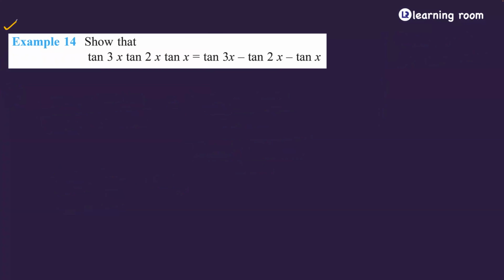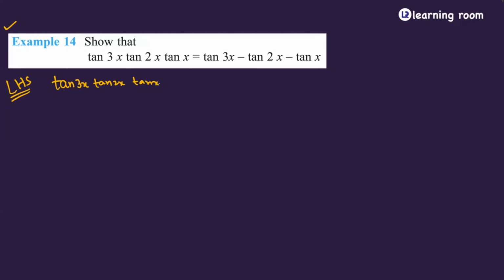Example 14. Show that tan 3x into tan 2x into tan x is equal to tan 3x minus tan 2x minus tan x. So if I take the LHS, what are they asking? Take tan 3x into tan 2x into tan x.